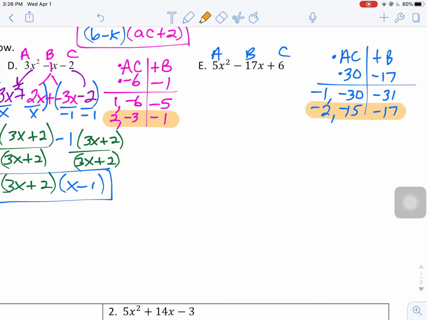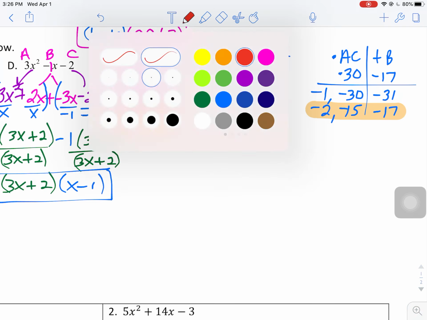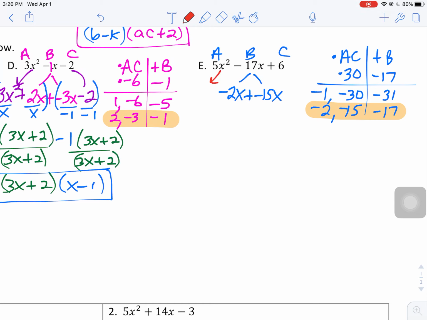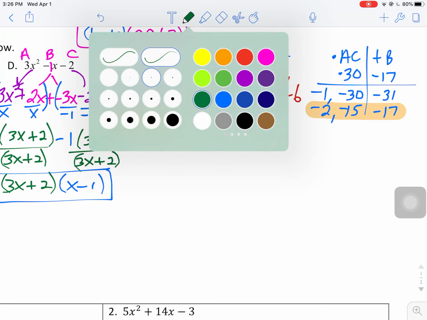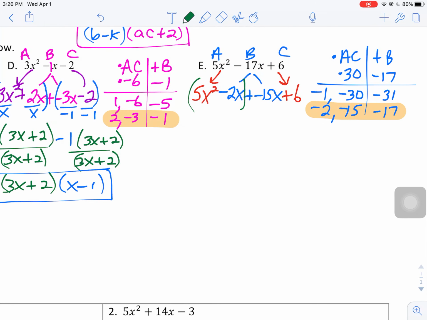So negative 2 and negative 15 are going to be used over here to split the middle x term. Drag down the 5x squared in the front, drag down the 6 in the back, and then do your factor by grouping. So group the first 2 terms, group the second 2 terms.